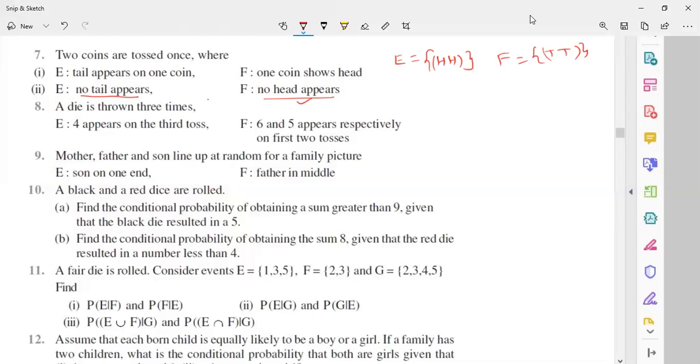But they don't have any intersection. E intersection F is equal to the null set. So therefore 0 upon something. So therefore the probability of E when F has occurred will be equal to 0 upon 4. That will be equal to 0.